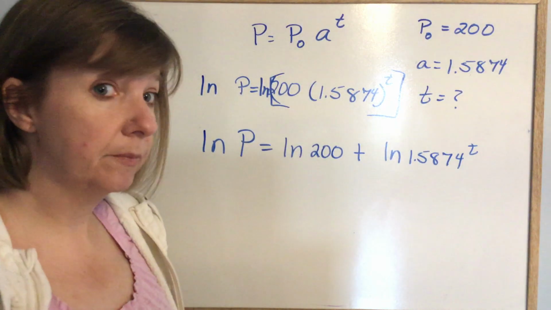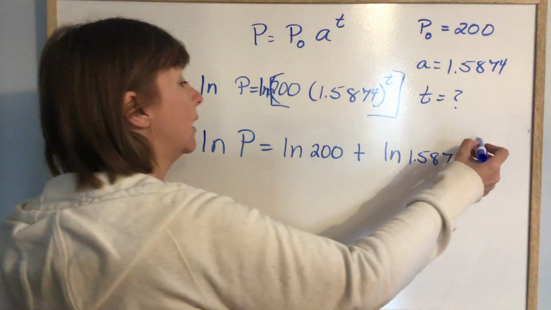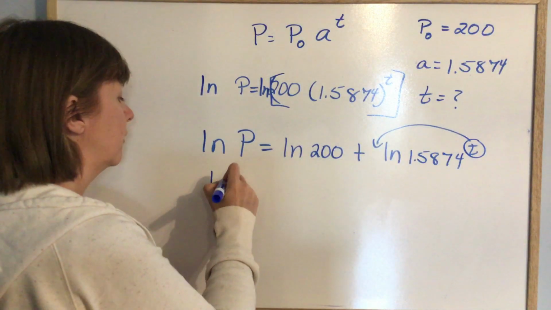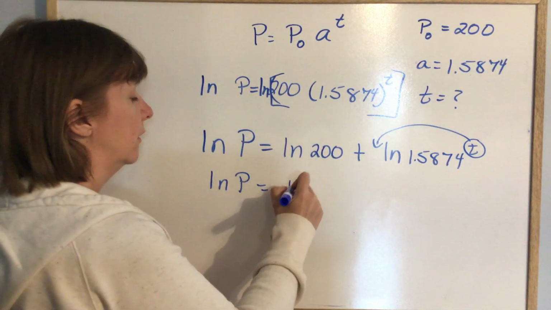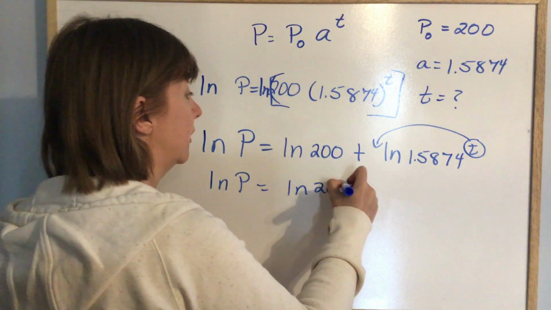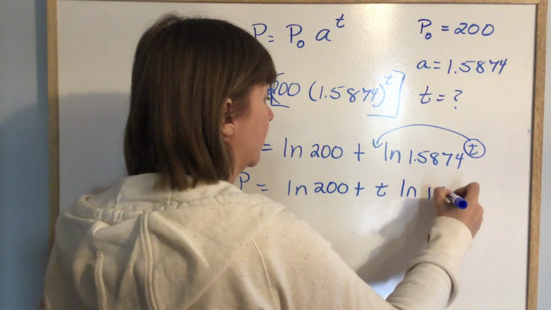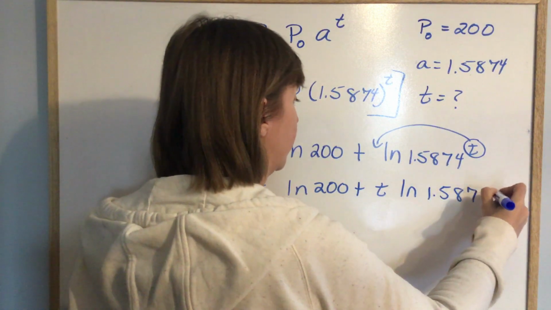We can do both. So then I can use my power rule to bring the t down in front. So I have ln p is equal to ln of 200 plus t times ln of 1.5874.